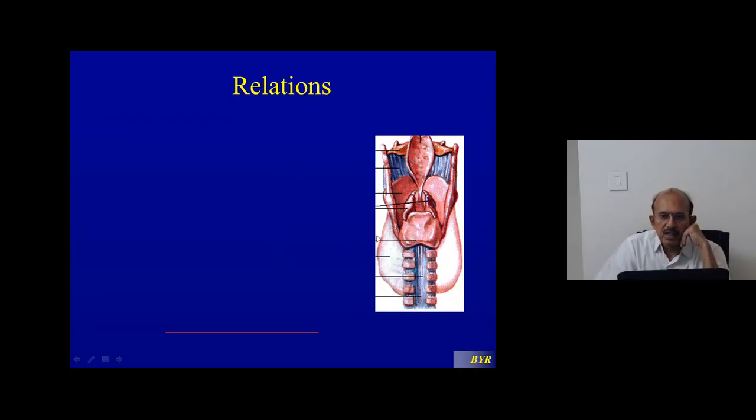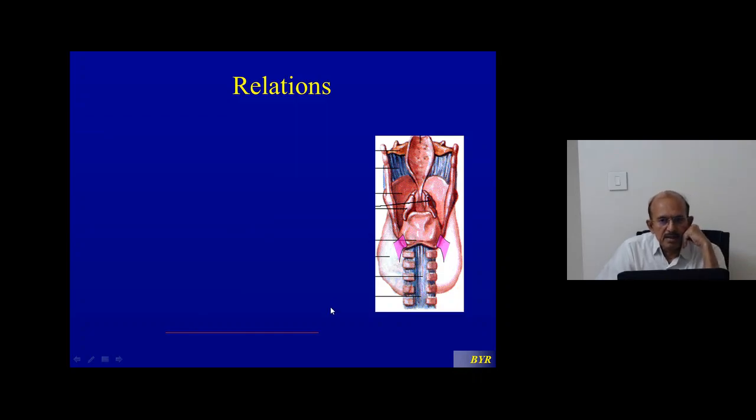We have seen the pretracheal fascia splits in two layers to enclose the thyroid gland. Because you are seeing from the posterior side, here is the deeper layer. The deeper layer of the pretracheal fascia condenses near the cricoid cartilage, and it binds the cricoid cartilage to the thyroid gland. So this is the Berry's ligament.